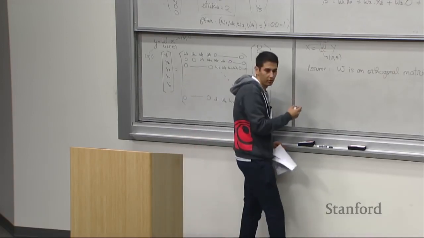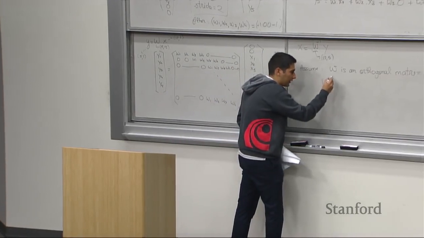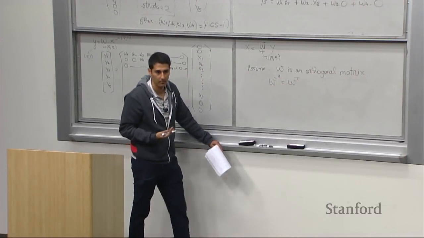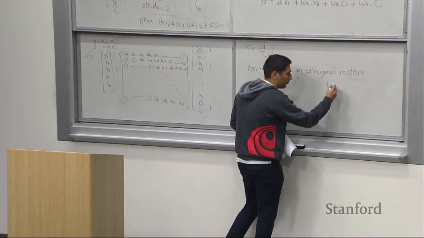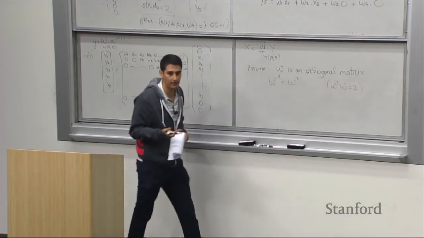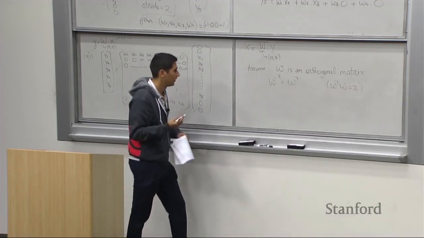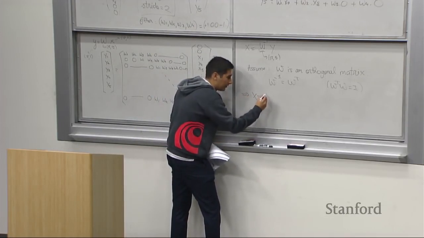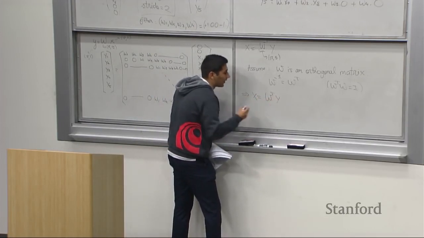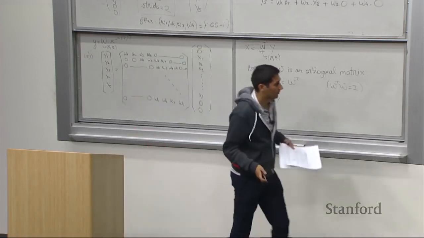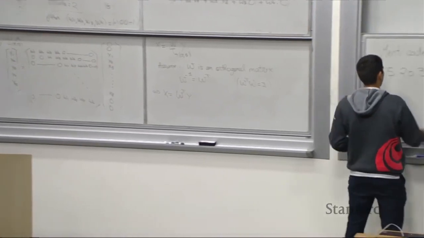In the case where W is orthogonal, I know that the inverse of W is W transpose. Or another way to write it is that for orthogonal matrices, W transpose times W is the identity matrix. So what it tells me is that X is going to be W transpose times Y. So let's see what we get from that.